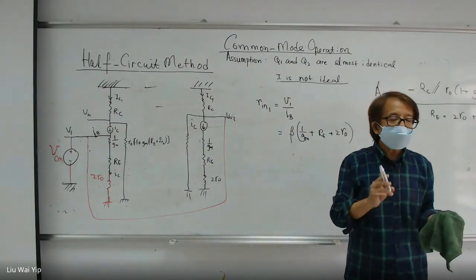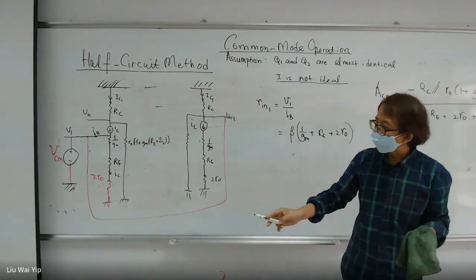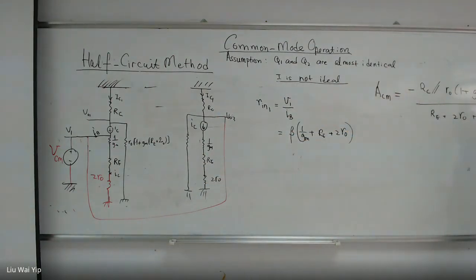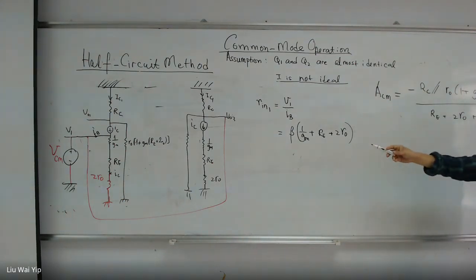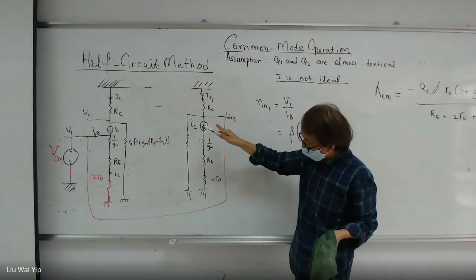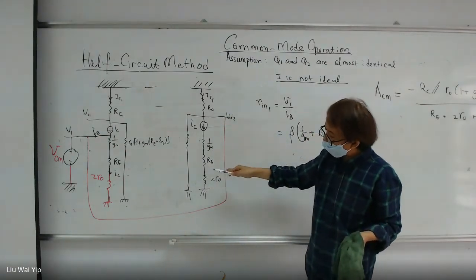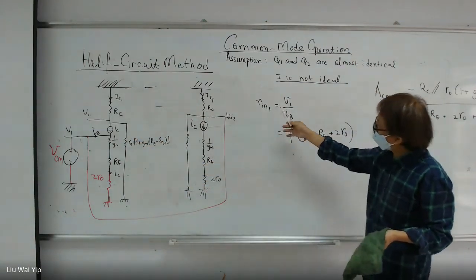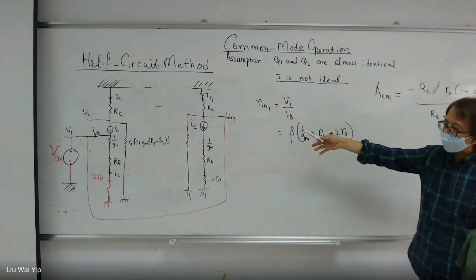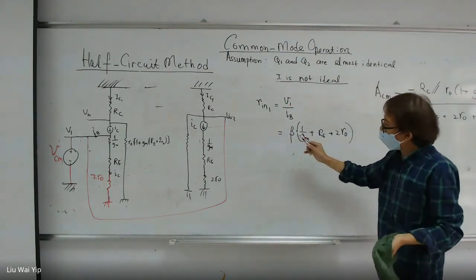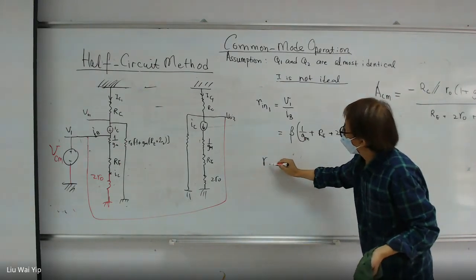Now I'm going to ask you, what is the input resistance for the whole circuit? The half on the right is exactly identical with the half on the left, and I've already got the input resistance for the left. Can you tell me the total input resistance?